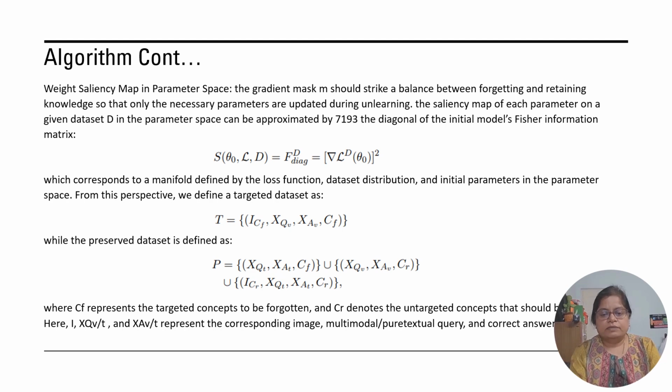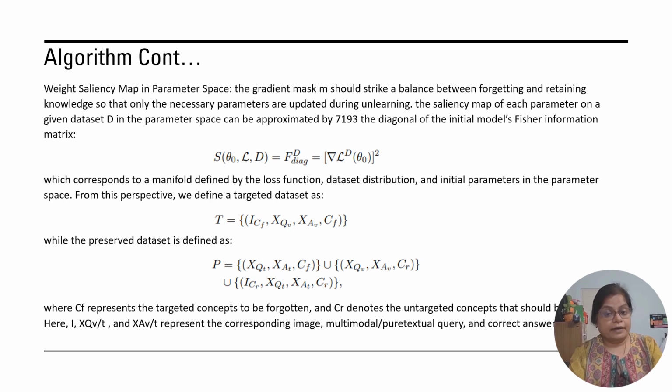What is to be preserved? We have to preserve the image which needs to be retained. That is your image data set, their questionnaire, and the question, along with the textual information of the questionnaire to be retained and the textual information of the questionnaire that needs to be forgotten, both.